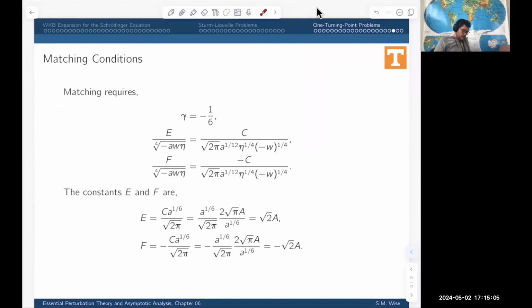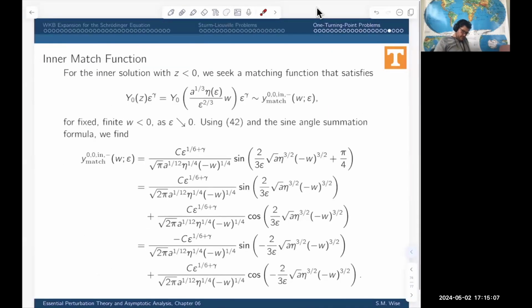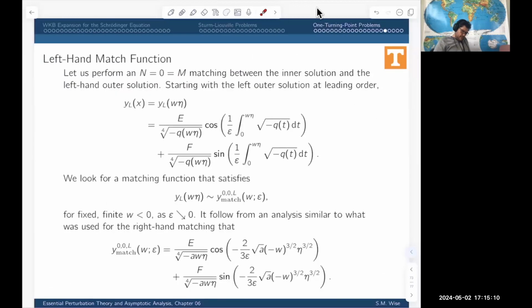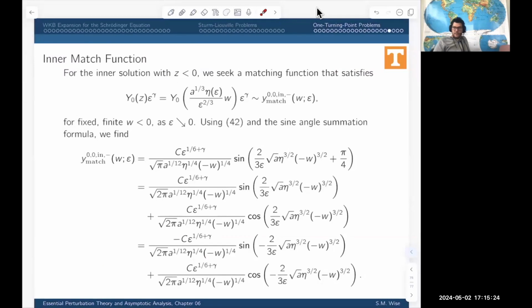So matching now, if you go back, here were my matching functions for the left-hand match. Cosine with minus, blah, blah, blah, sine with minus, blah, blah, blah, and some stuff out front. Now I can do the matching here because I've gotten something which looks similar. These match exactly.